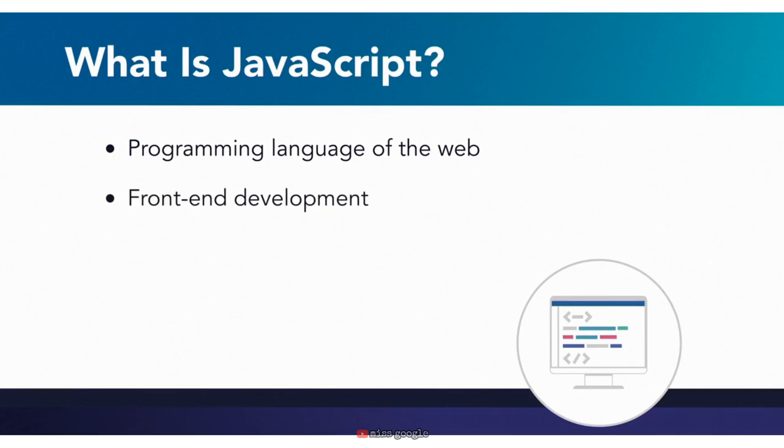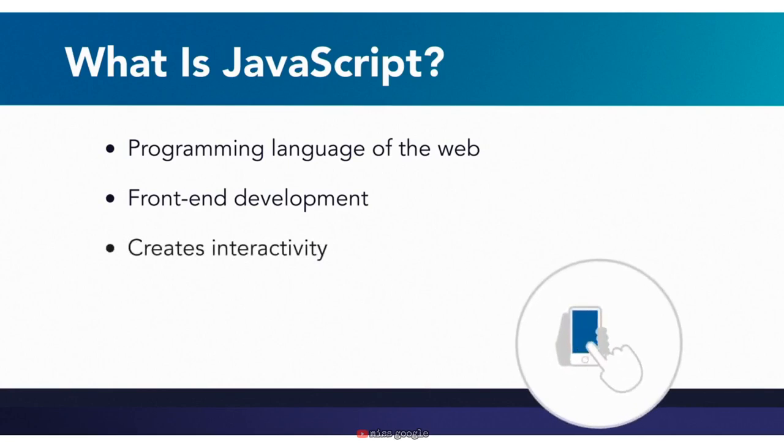If the code is meant to control Chrome, Firefox, Safari, Edge, or any other browser, JavaScript is the language we're using. For web designers, the biggest draw of JavaScript is the creation of interactivity. That means that anytime you can click, drag, tap, swipe, anytime you can interact with something on a web page, generally speaking, that's going to involve JavaScript in some way. There are certain kinds of interactivity that don't require JavaScript, but in general, if you want a page to react to something the user does, JavaScript is what you want.